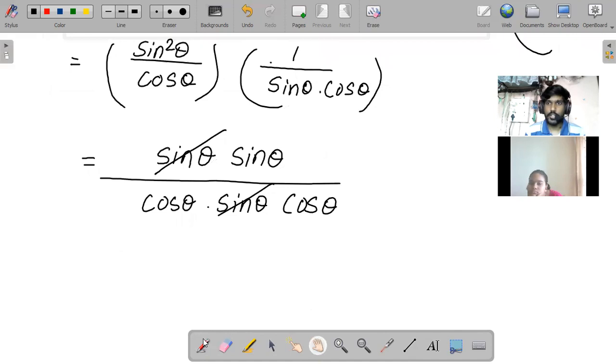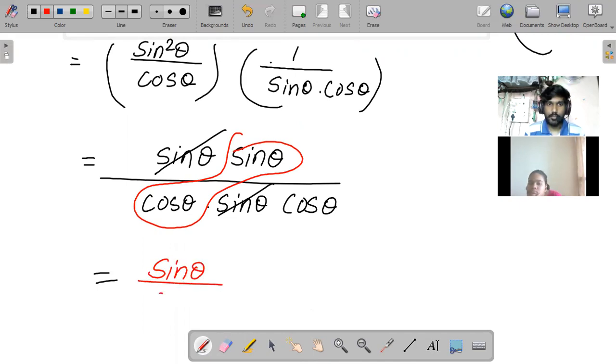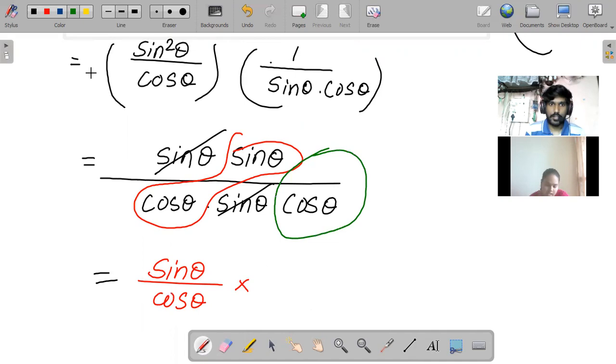Now just a matter of rearrangement. I will write this sine theta and cos theta as one term. So sine theta upon cos theta, and then multiplied by one more cos theta in the denominator.